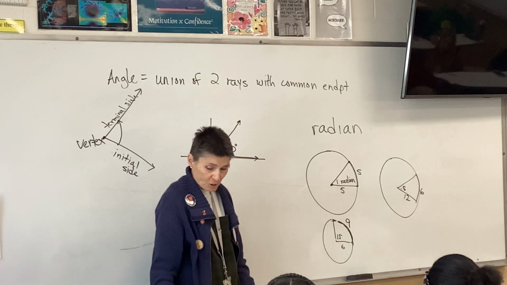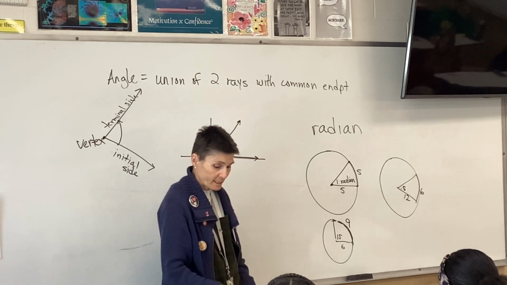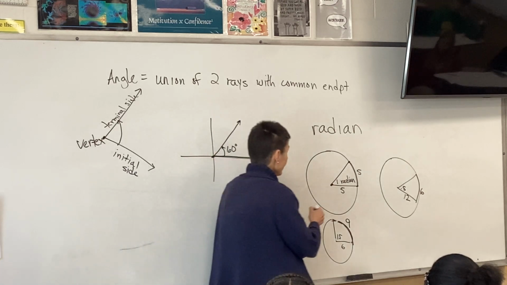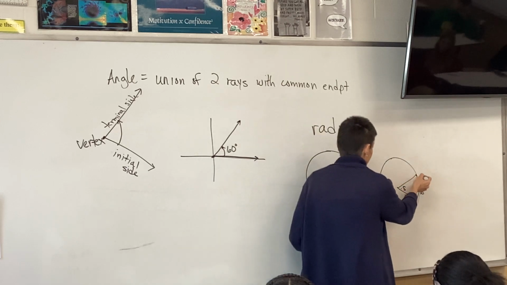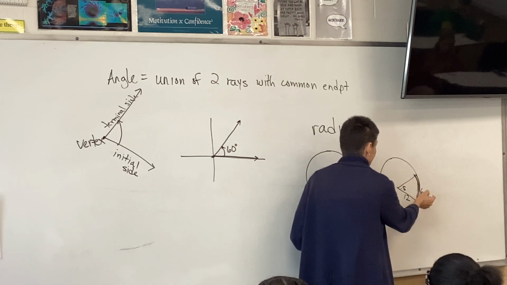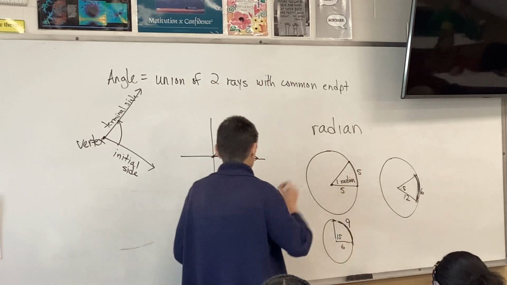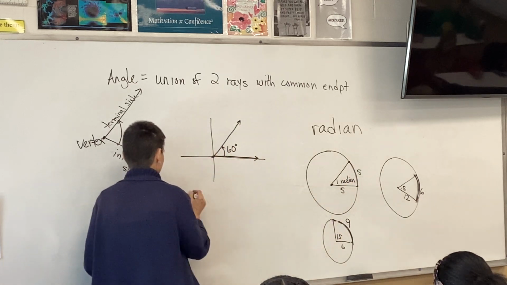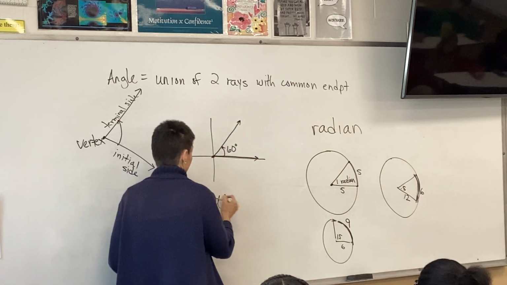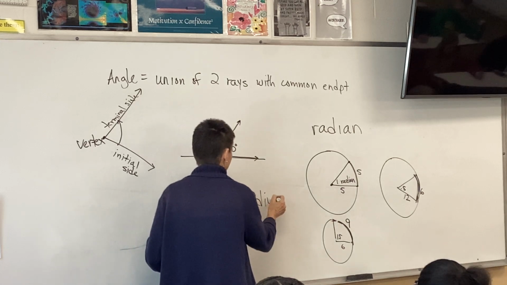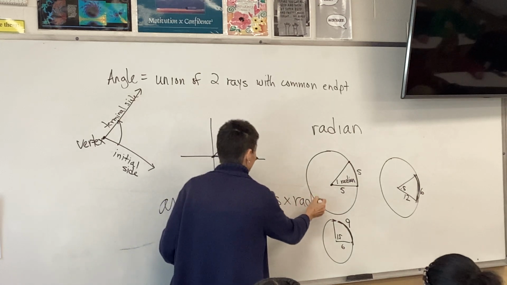In a minute, we're going to be changing back and forth, but first, let's get the rest of this done. Arc length, this is an arc length. I'm not exactly sure how you're going to define it, but I'm going to give you a formula for it. Arc length equals radius times radians.